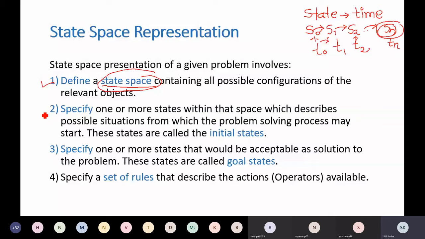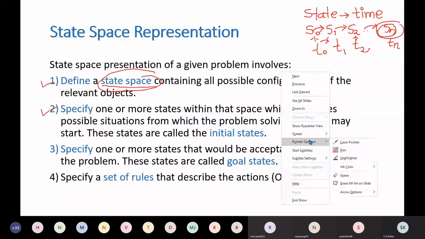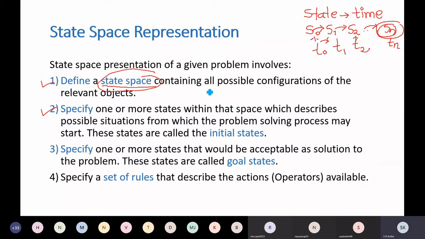Once you define the set of states, the second step is to specify one or more states within this state space. The set of states we have defined here are S0, S1, S2 and so on.